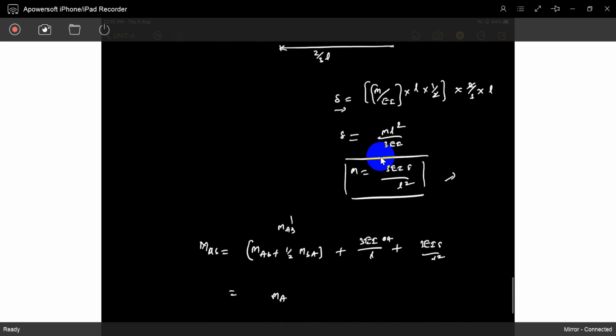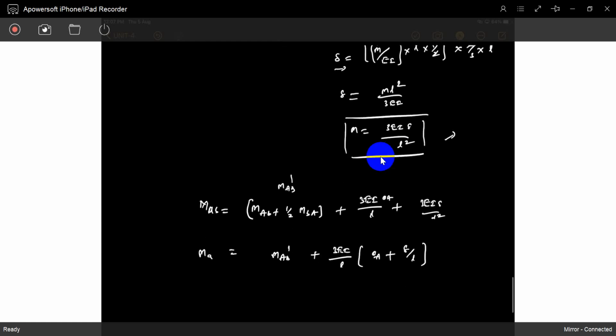You will write this as MAB dash plus 3EI by L times theta A plus delta by L. You can write it like this, no problem at all, very easy.